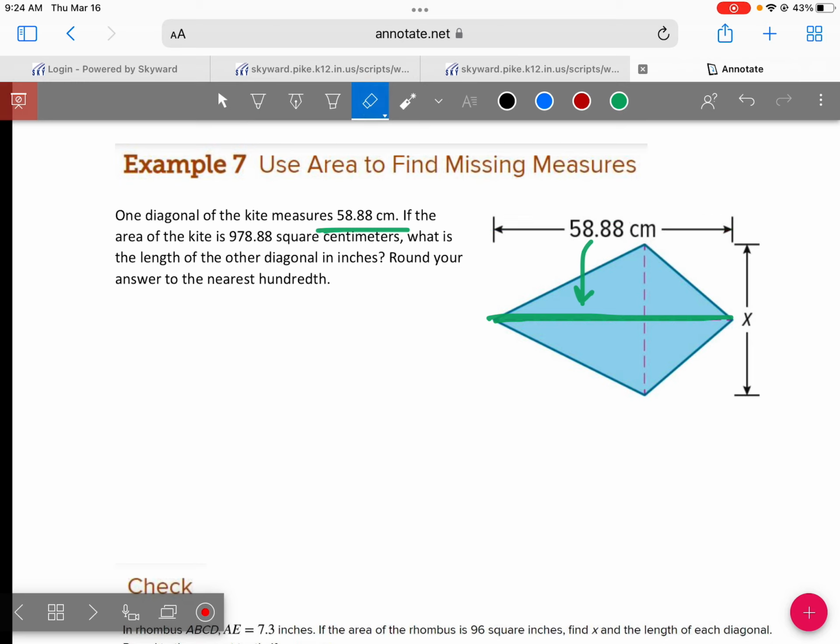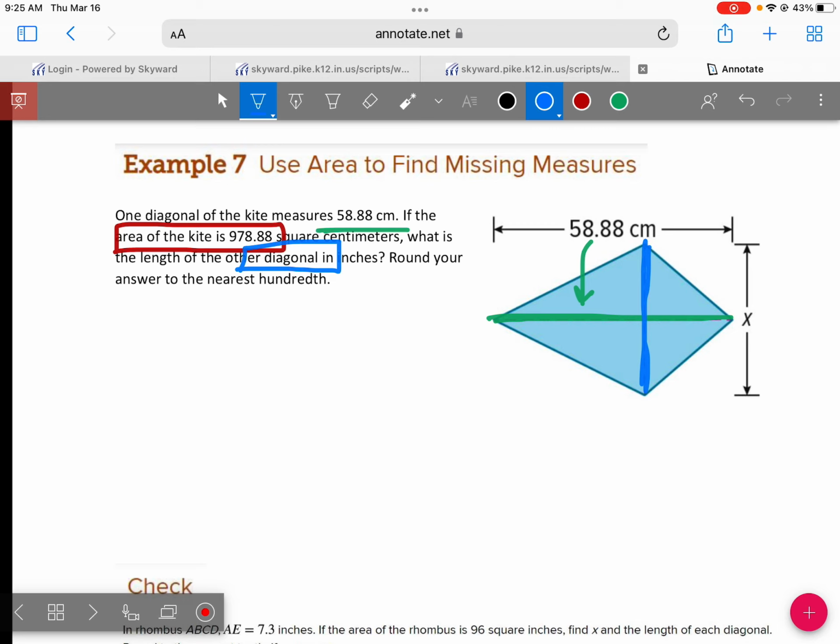If the area of the kite is 978.88 square centimeters, what is the length of the other diagonal? So we're trying to find the other diagonal. It's not going to be the same. As you look at it, doesn't this look a lot different? And looks are deceiving, but it looks like it's going to be shorter.